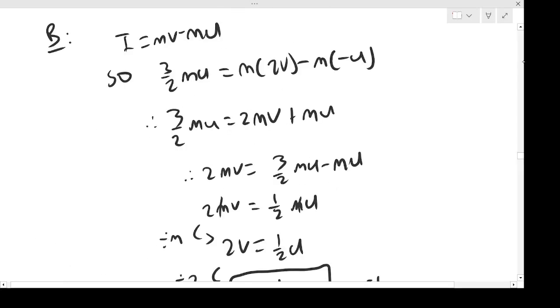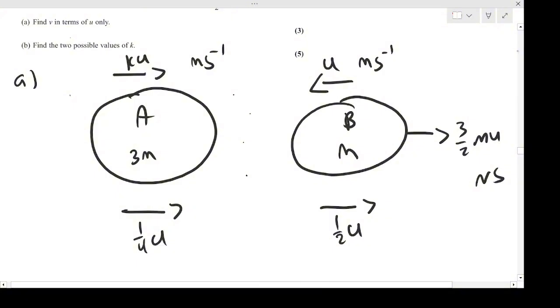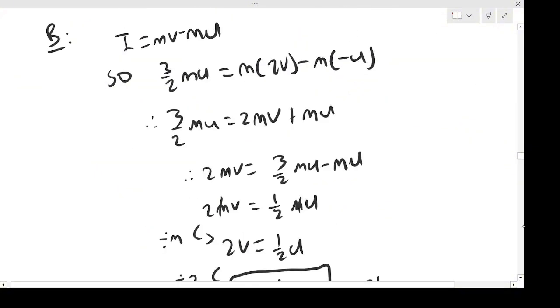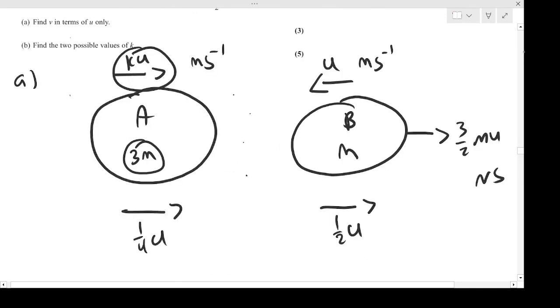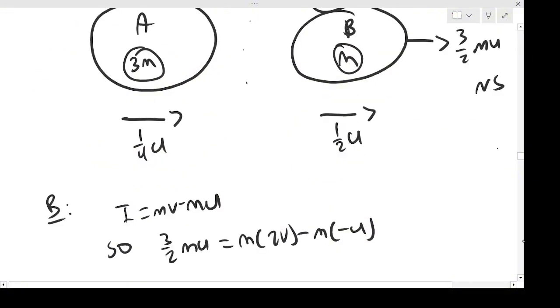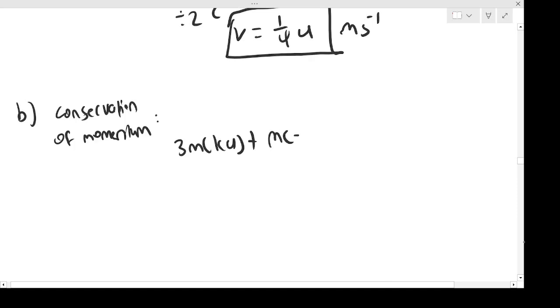Okay. So now, A has mass 3m, initial velocity ku, so it's 3m lots of ku. And then for B, it's mass m lots of u, but that's going negative, in the negative direction backwards. So m lots of minus u.